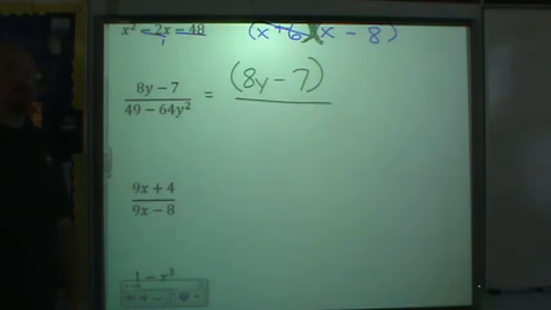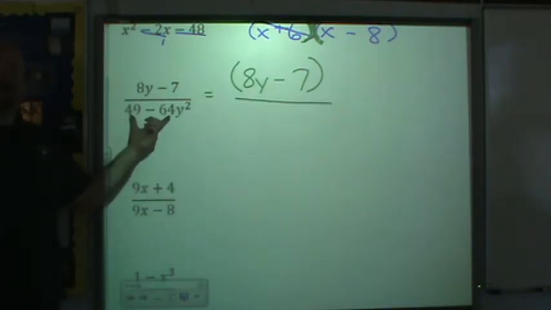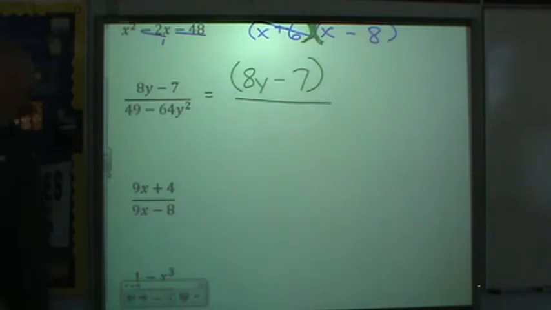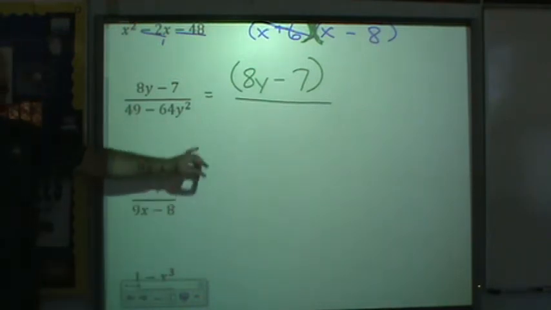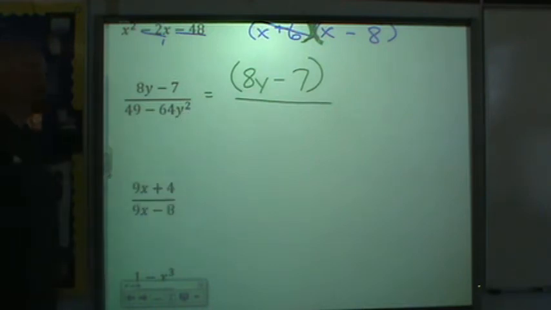On the bottom, what do you see? What operation do you see? Subtraction. Subtraction of what? These two things. And these two things are squares. So we have the difference of squares. 64 and 49 are both perfect squares. And I have y squared here.